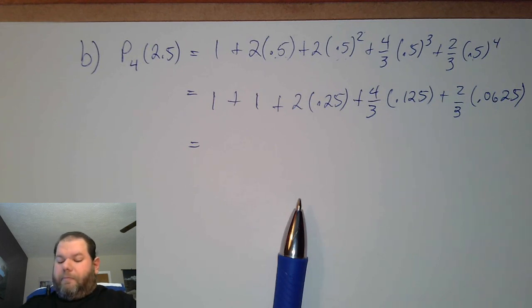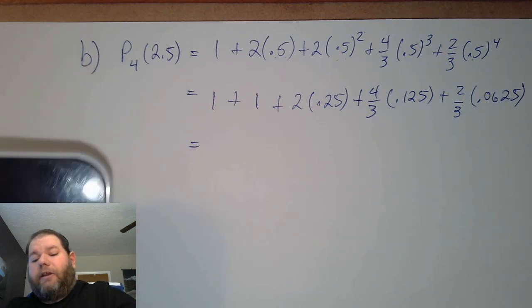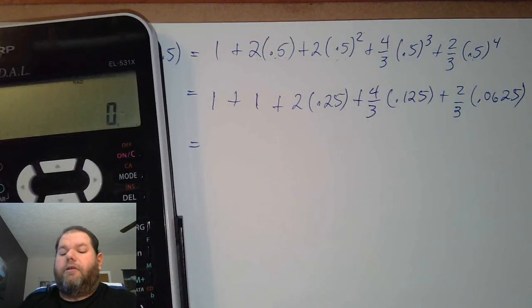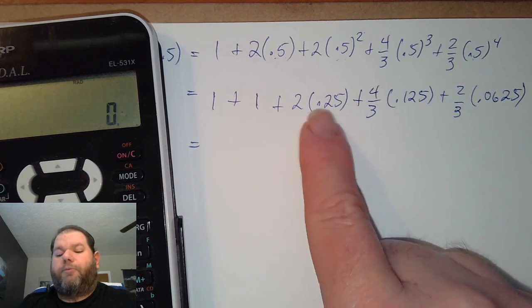I don't want to do those by hand. Anyway, we get 2.5 right here, these first 3 terms, because that's 0.5.